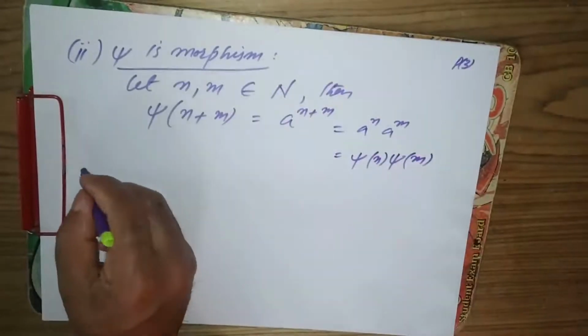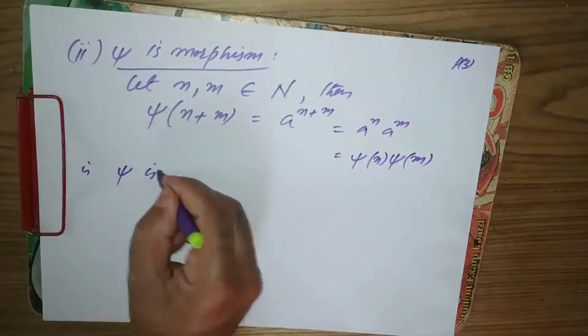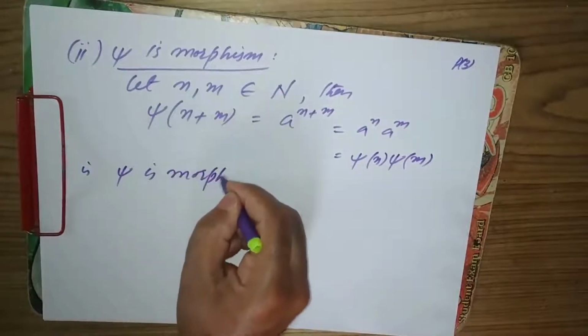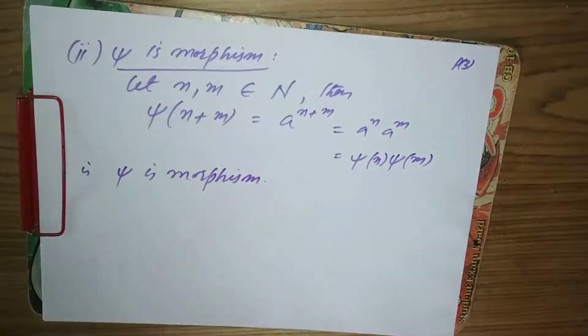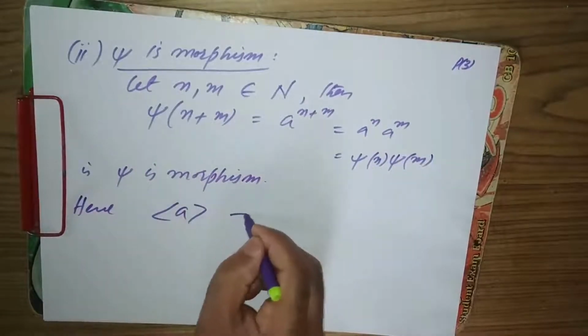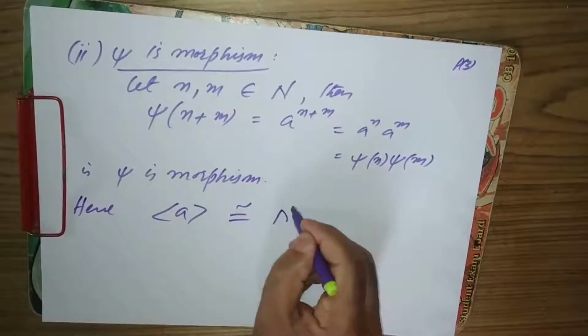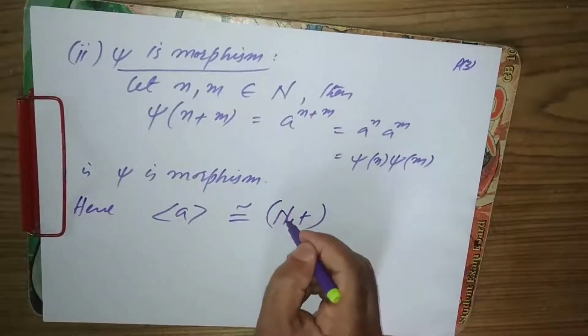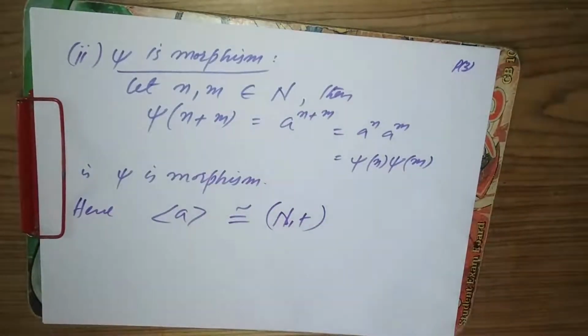Therefore psi is a morphism. Hence in this case the semigroup is isomorphic to N with the plus operation. So there is no repetition.